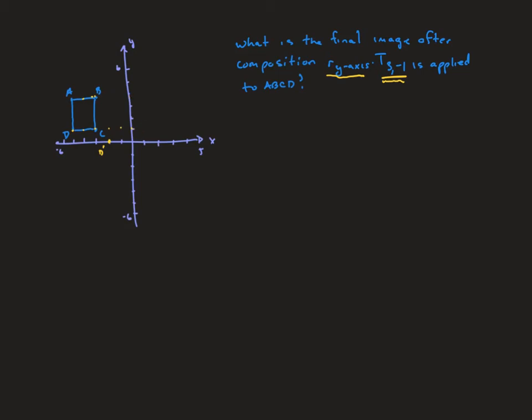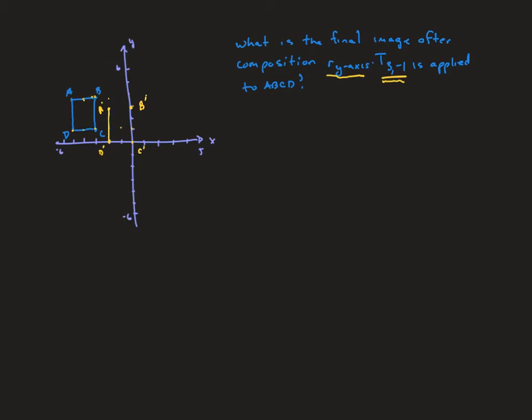That's wrong, because I forgot to go down, right? So I go across 1, 2, 3, and then down 1. That is A prime. And then if I just go over 2 from there, that'll be B prime. And then down here I have C prime.